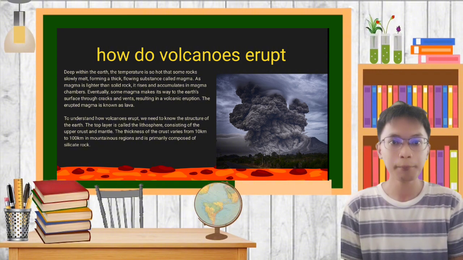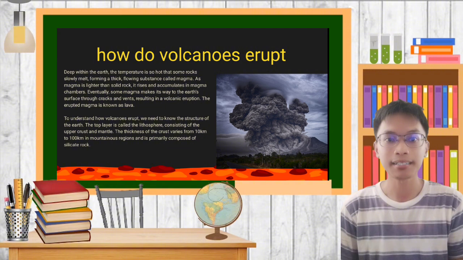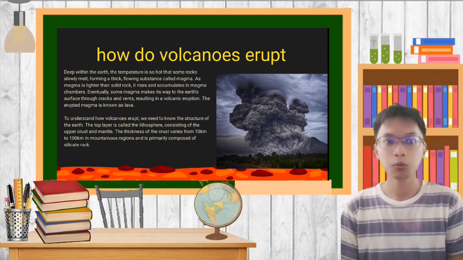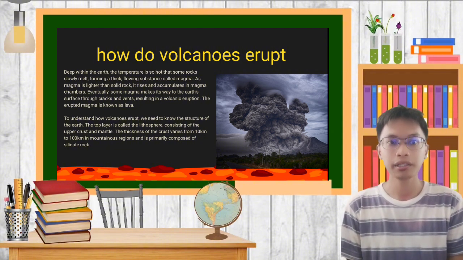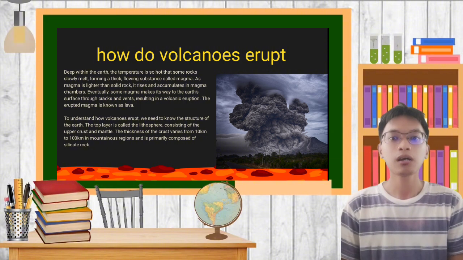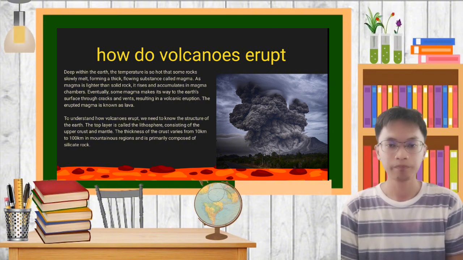The liquid magma holds dissolved gases under pressure. When this pressure builds up enough, the magma violently forces its way out, causing an explosion. That's how volcanoes erupt.